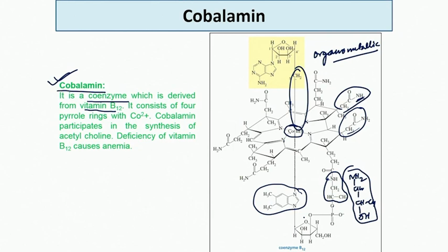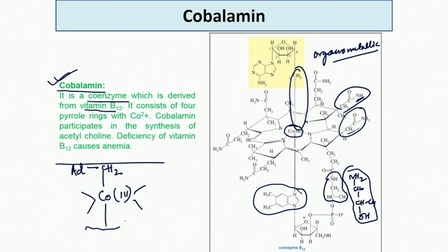We can simplify it: Co, the actual functional part CH2, and write AD for adenosine. We are not concerned about the other parts, because this will be sufficient to explain the reactions.